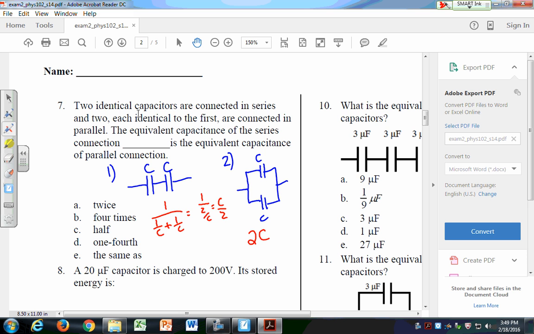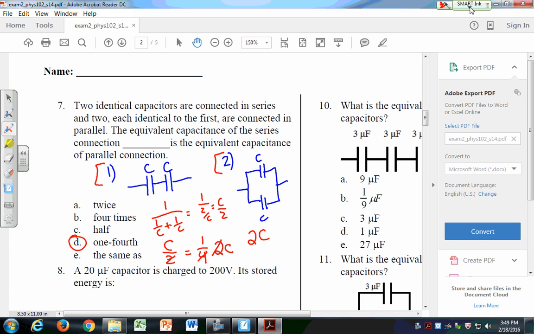So number 1 is what times number 2? It's not half. It's a fourth, right? C over 2 is equal to 1/4 of 2C. That'll come with practice.